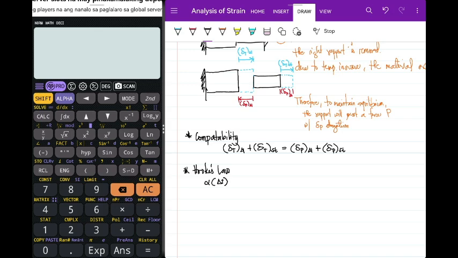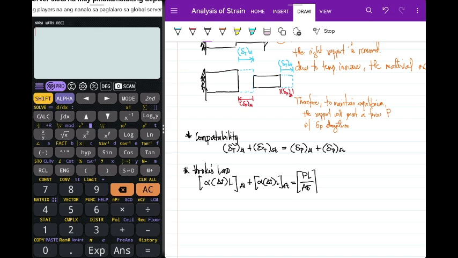So both our thermal elongations are going to the right, but opposite to that thermal elongation is the elongation due to the internal force that our rigid support is exerting, opposite to the direction of our possible elongation, which is going to the left.